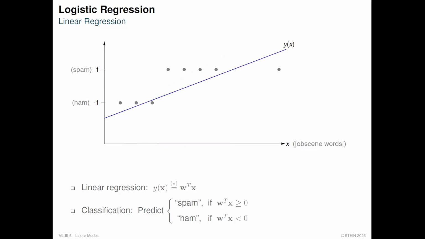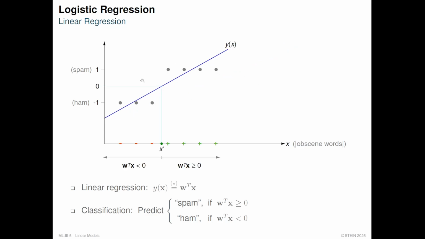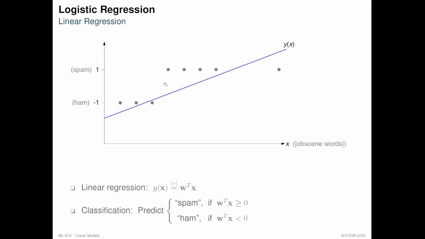But there can be problems. And these can arise, for example, if some outliers are skewing this image. So basically, if I were to give this to you as a human, what you would do is still take the same threshold, 0. It still applies here and still would perfectly classify these examples.